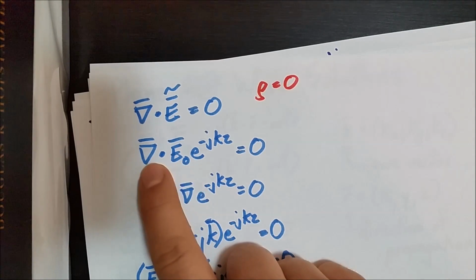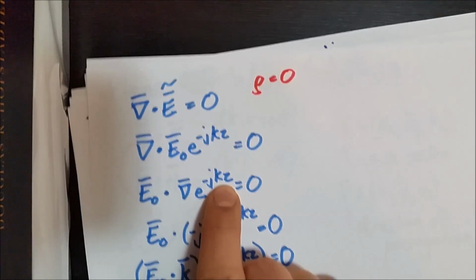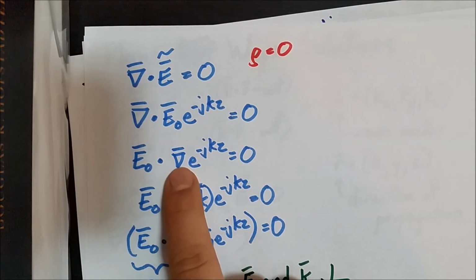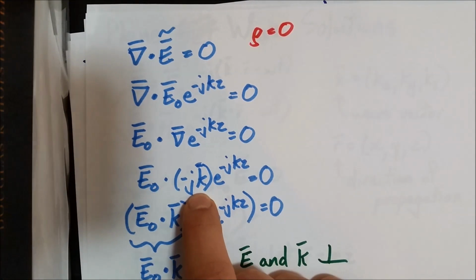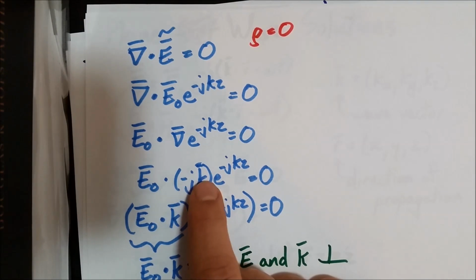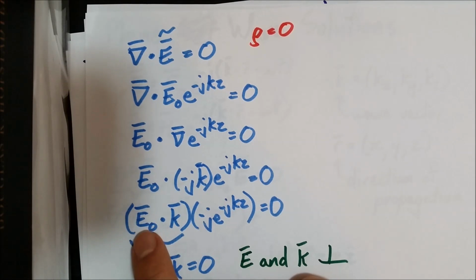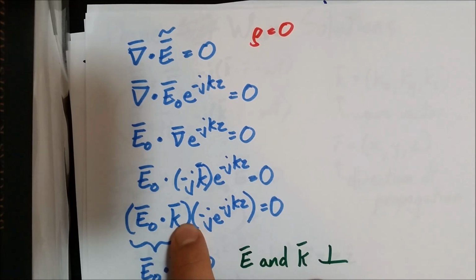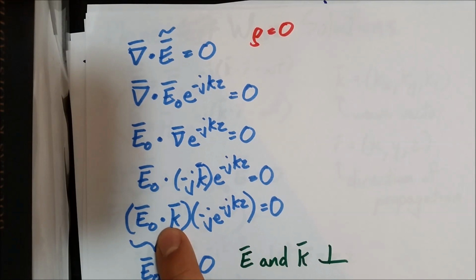Again, the magnitude is not a function of space, so we can pull this out and rearrange it. And we simply take the first derivative, which becomes negative jk. And again, k is what we're interested in, so we can actually pull the negative j and this out. So what we have here is the magnitude of the electric field dot product with the wave vector, k, multiplied by a complex exponential term.